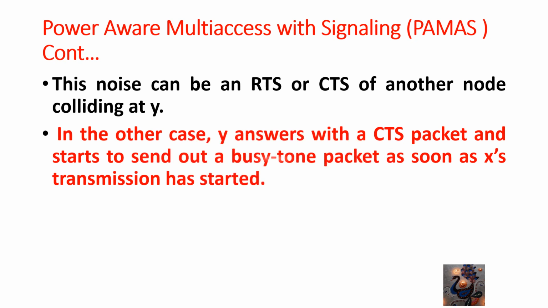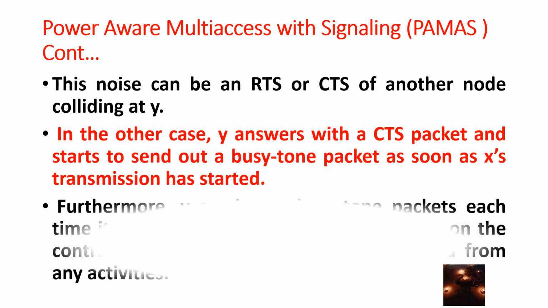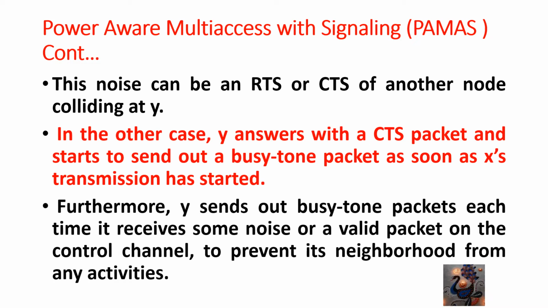In the other case, node Y answers with the CTS packet and starts to send out a busy tone as soon as node X's transmission has started. Furthermore, node Y sends out busy tone packets each time it receives some noise or a valid packet on the control channel to prevent its neighborhood from any activities.